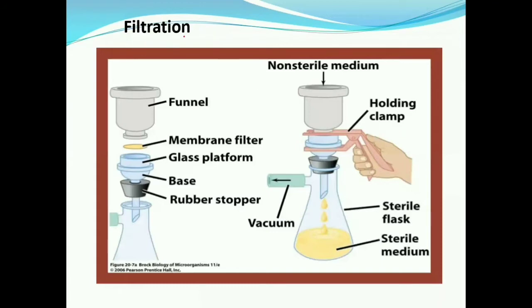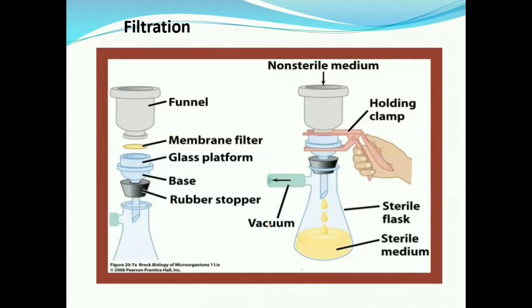First one is the filtration. This filtration method is mostly used for the sampling of water. This is the filtration assembly that has the funnel, then a holding clamp that contains the sterile flask, which has the sterile medium.